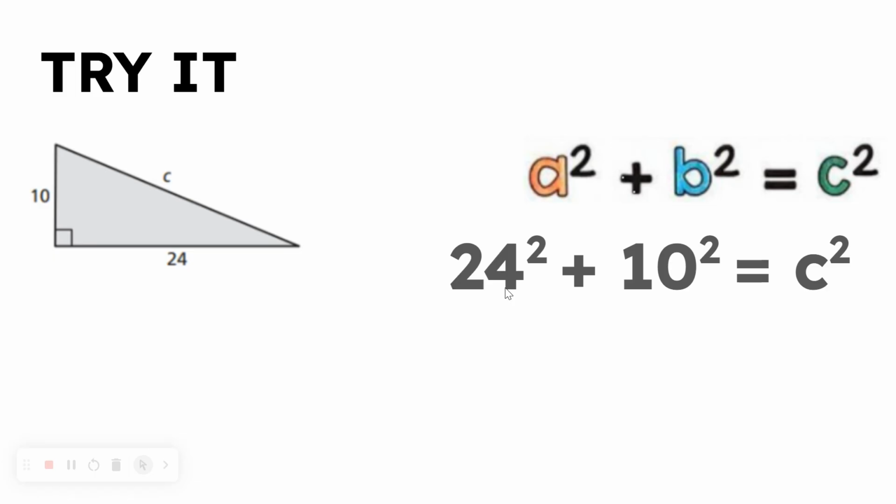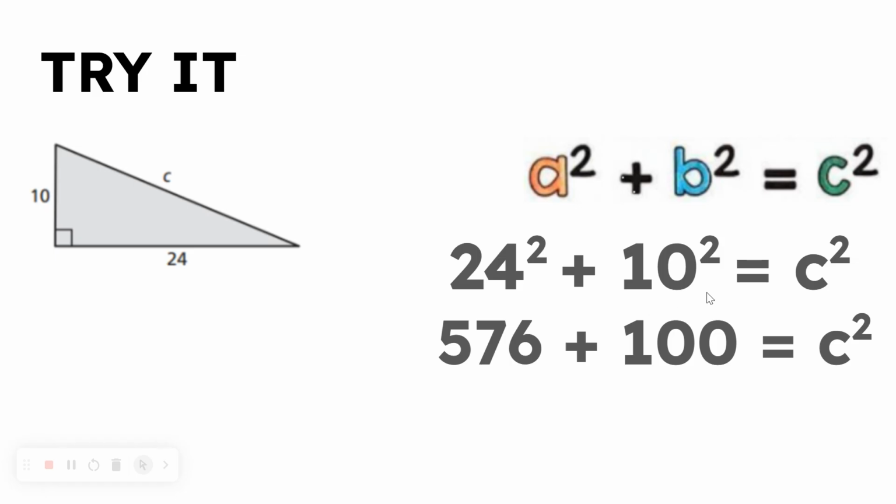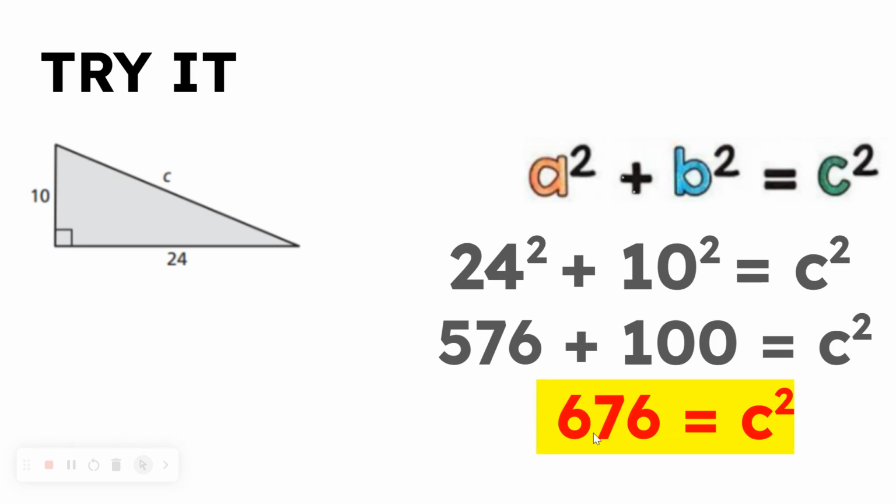In our calculators, we type 24 and hit that x squared button. 24 squared gives us 576, and 10 squared gives us 100. So 576 plus 100 is equal to c squared. We need this sum: 576 plus 100 gives us 676, and that's equal to c squared.